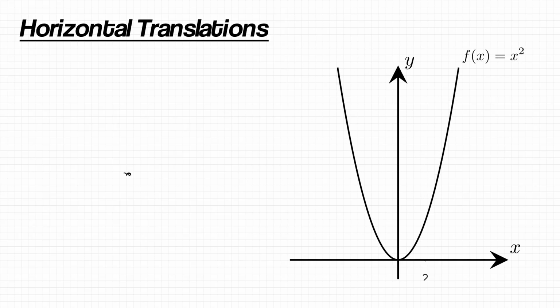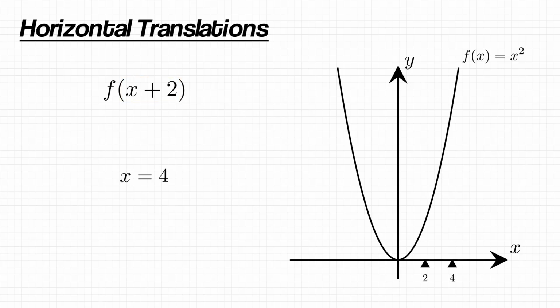First, let's take the x value of 2, run it through the function. That would be 2 squared, or 4, so the point (2, 4) would lie on our curve. Now let's think about how we can generate a point for the graph of f of x plus 2. Let's take the same value of x equals 2, but now we have to add 2 before we pass it through the function.